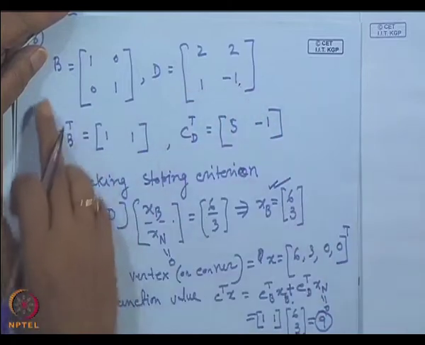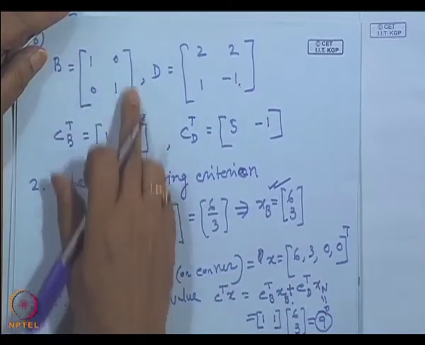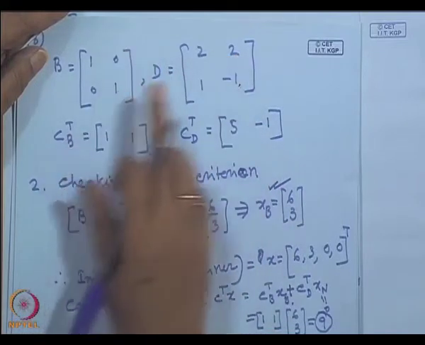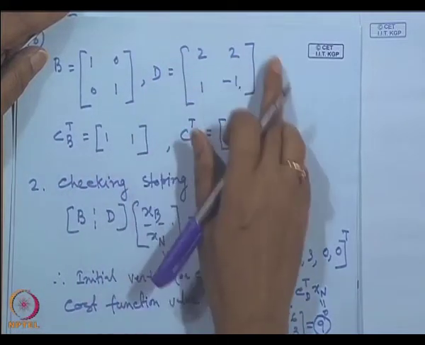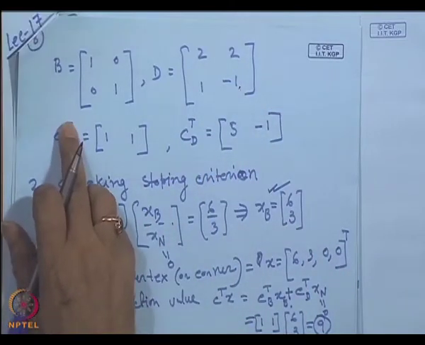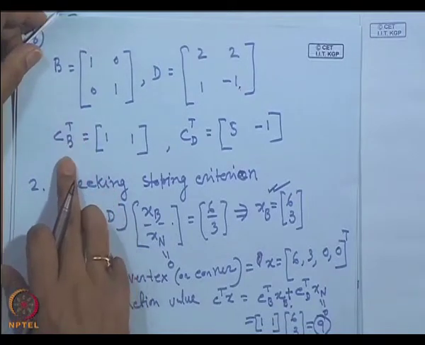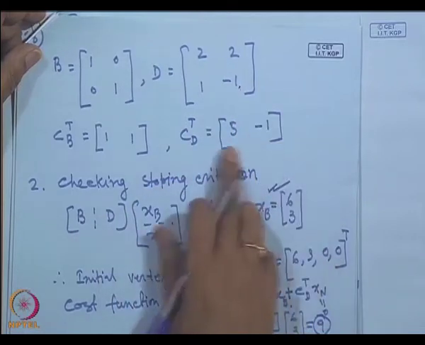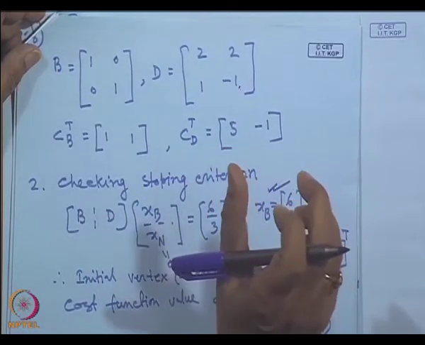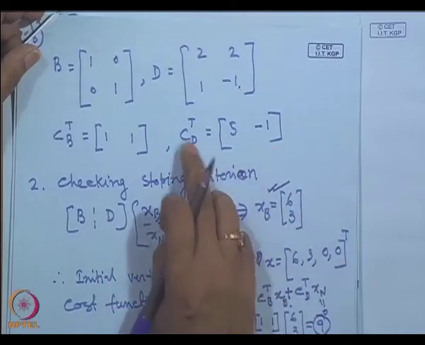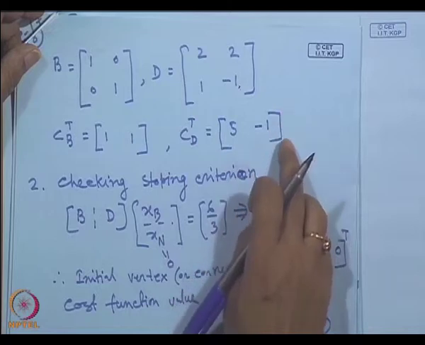The B matrix is associated with the basic variables x1, x2, and the D matrix with the non-basic variables. c_B transpose is formed from the objective function coefficients associated with the basic variables, and c_D transpose with the non-basic variables.